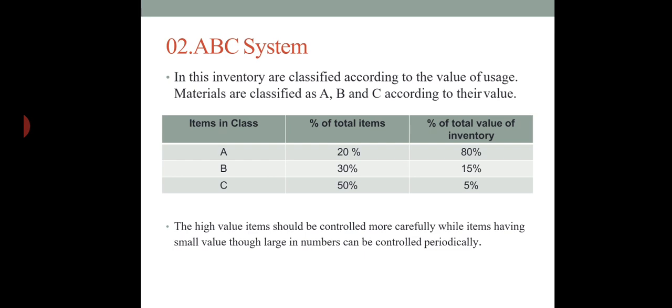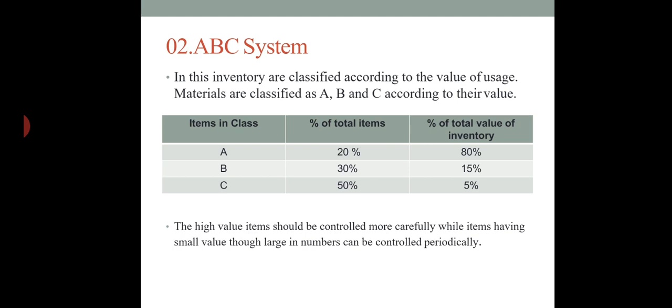Using this ABC analysis, the inventory management technique classifies inventory items into three categories, namely A, B, and C. The items of category A are closely controlled, as they consist of high priced inventory which may be less in number but very expensive.